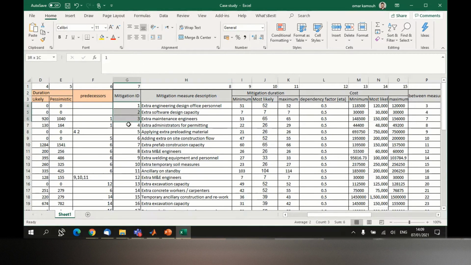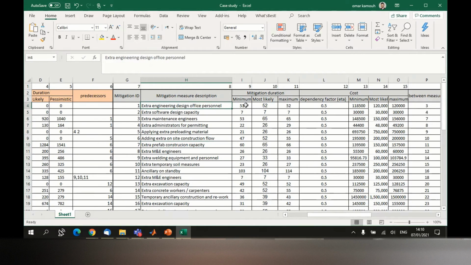Again, same thing: mitigation IDs from 1 until the end, and then a description of your mitigation measures. For example, the first measure is that we can allocate extra engineering design office personnel because this will speed up one or more activities. And if we speed up activities, then the duration of the project can also be reduced. So we define the different measures that we have.